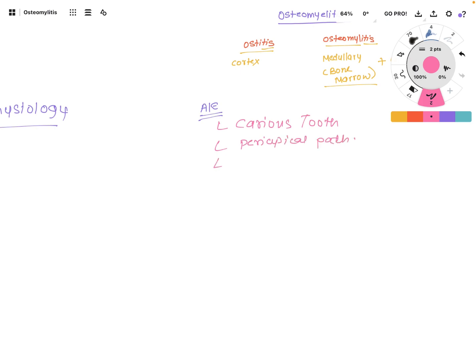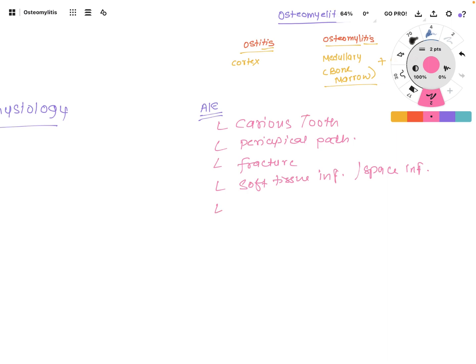You can even have a fracture or soft tissue infections like space infection, correct? You could even have a secondary lesion to any distant lesion, for example some cancers.